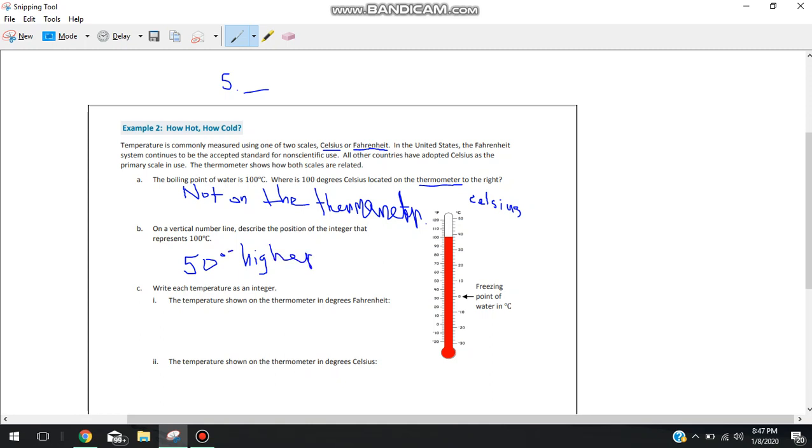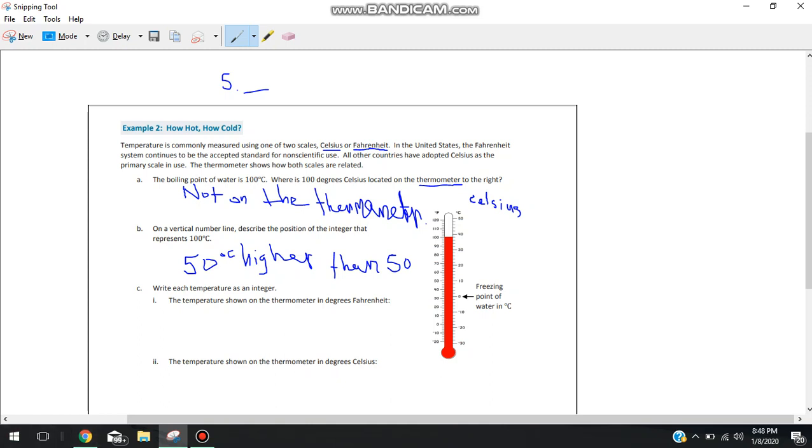And let's use Celsius so that we know we're talking about Celsius. So, degrees Celsius higher than what? Than 50. Okay, let's use cursive, it's just easier. That's a 5 and a 0. Okay.